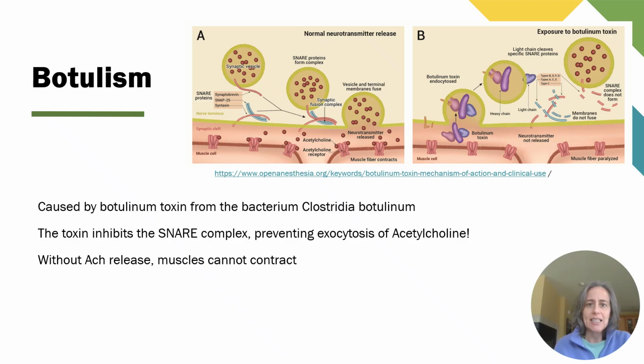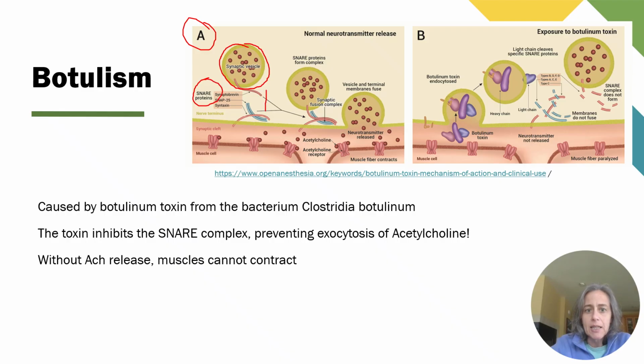Now, this toxin that the bacteria makes moves into cells and inhibits the SNARE complex, which is so cool. So over here in A, this is the normal process, right? I have my synaptic vesicle here in the axon terminal. When calcium moves into the cell, it's going to activate the SNARE complex.